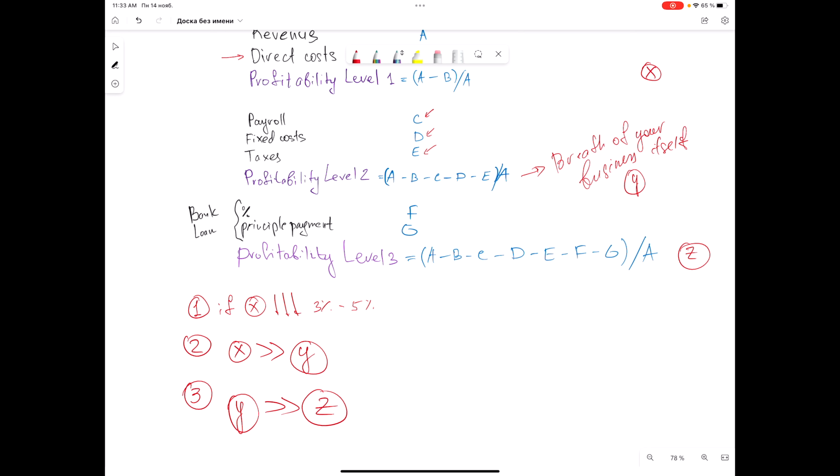And if Y is significantly bigger than Z, this means that all you earn, you give to the bank. So you earn a profit, and you took all this money and just paid this amount of profit to the bank loan.